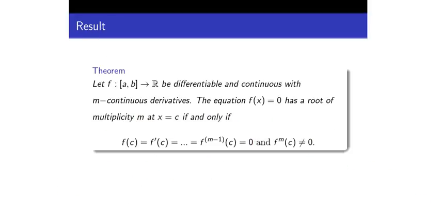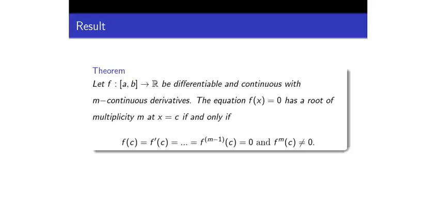Another equivalent result, or you can say another equivalent definition, for deciding the multiplicity of the root for a given equation f of x equal to 0, can also be established by using this result here, which uses the fact that f is a differentiable function m times.